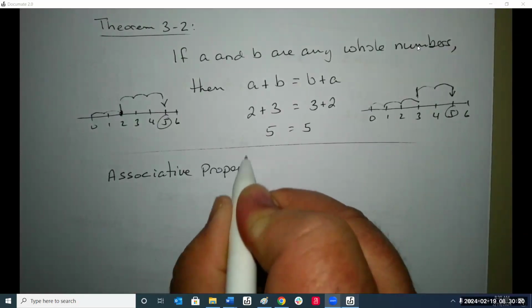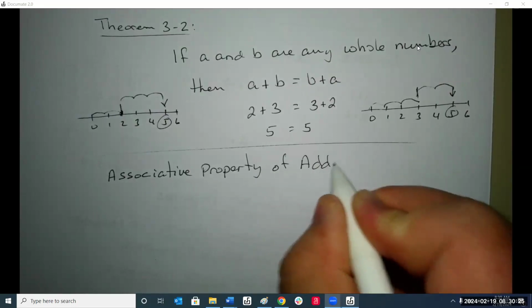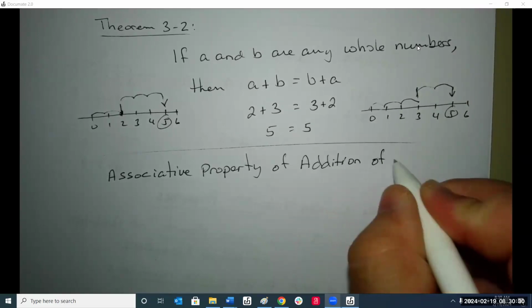Associative property of addition of whole numbers.